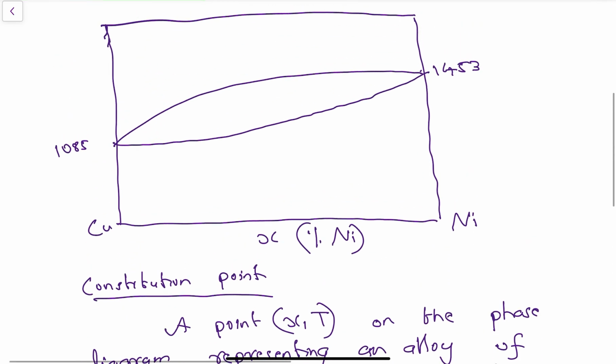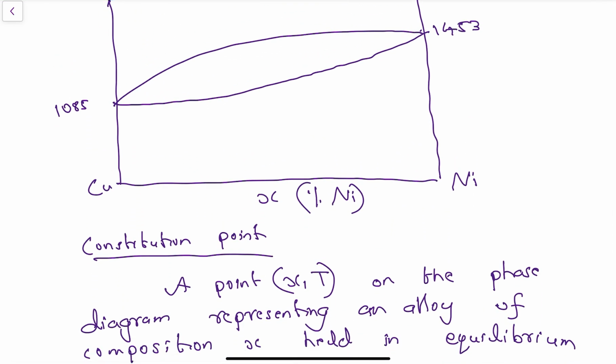That means a constitution point is a point we are choosing. For example, we can choose a point here, let it be A. So we are selecting a point in the phase diagram corresponding to a particular composition X and temperature. You can select another point also, maybe here.